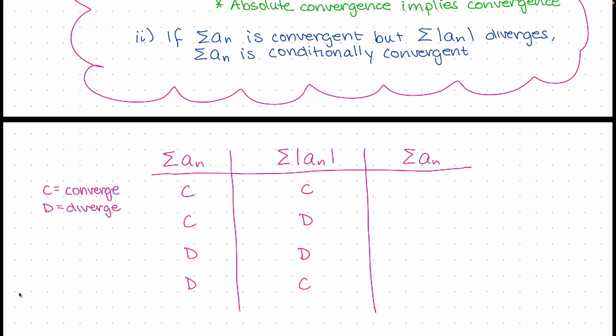Absolutely, right. So this converges absolutely. Okay, what if the first one converges but the second one diverges? That's conditional. Yep. Converges conditionally.